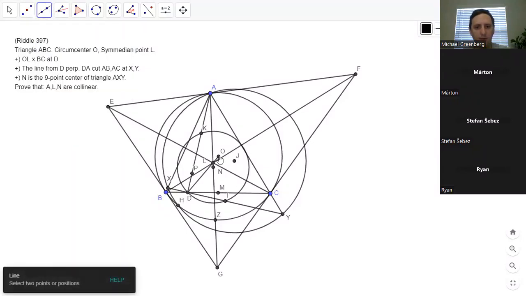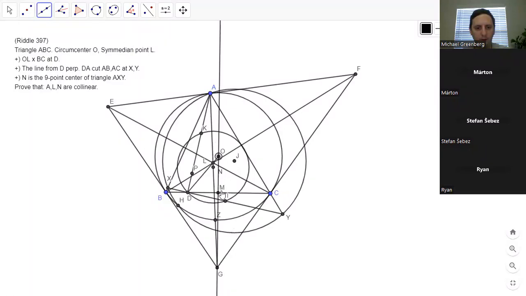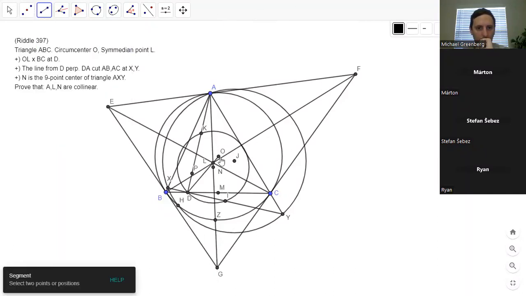And I don't think O, M and Z are actually collinear. I don't think O, M and G are collinear.